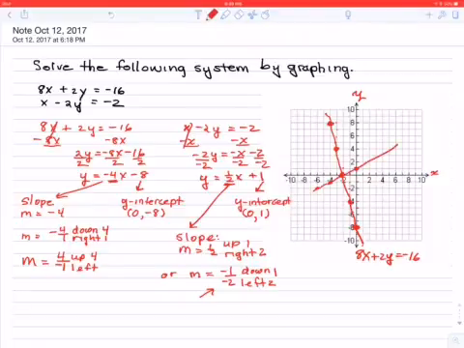There's our graph. This line represents x minus 2y equals negative 2. And the point where they intersect, that's the solution to the system. So they intersect when x is negative 2, y is 0.